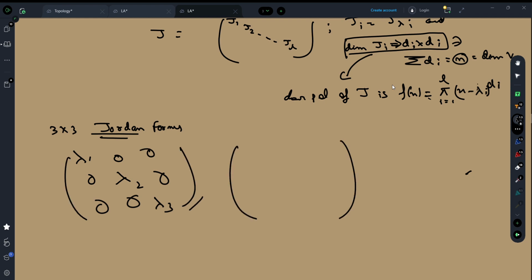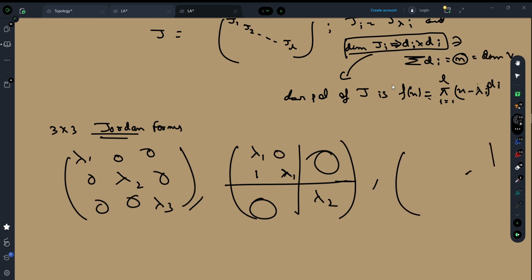This is one possible Jordan form. What can be the other possible Jordan form? Suppose you have a 2 cross 2 block and a 1 cross 1 block. Suppose you have a Jordan block associated with the eigenvalue lambda 1, and you have a singleton 1 cross 1 Jordan block lambda 2. All the other elements are 0.